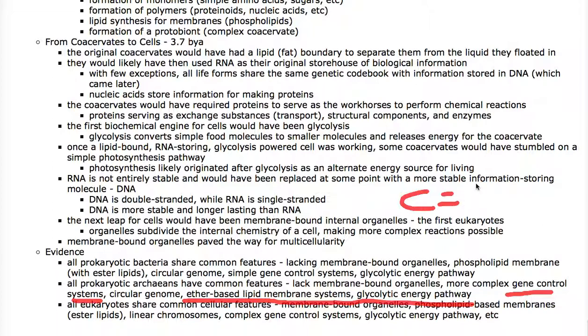An ester bond is a carbon double bonded to an oxygen, single bonded to an oxygen, forming a bridge between two compounds. So at this point now, here and here, we can have another organic compound here and another one here, and this cluster of carbon, double bond oxygen, single bond oxygen can bond them together.